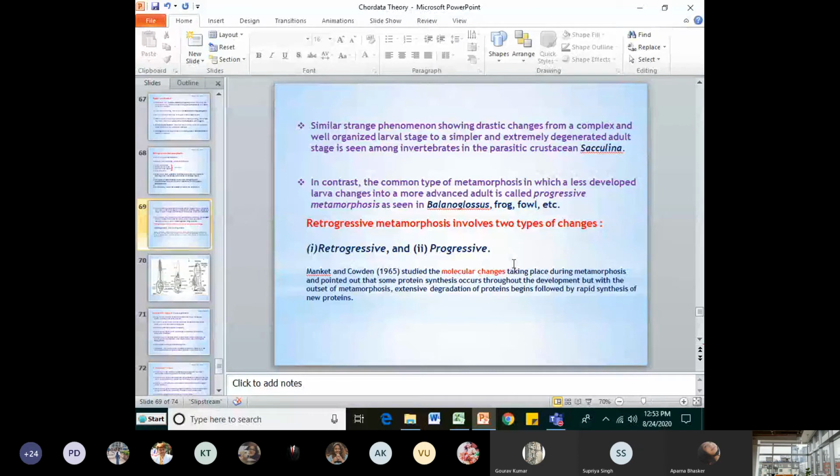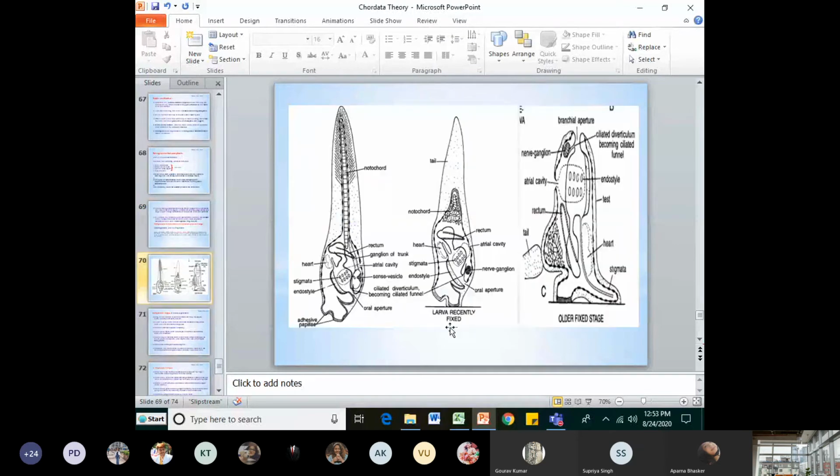In the video I was showing you, the tail was being absorbed and the other advanced characteristics and organs were being absorbed. These things were happening in the body of the larva because of the molecular changes, because some special proteins were being secreted and these proteins led to absorption of the advanced characteristics.